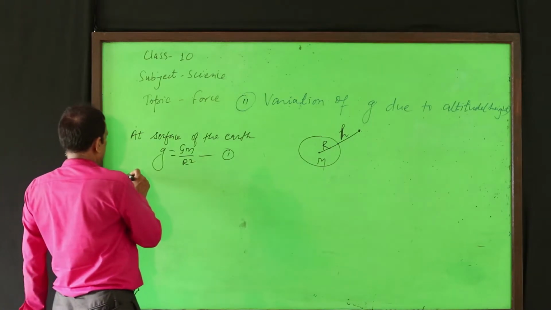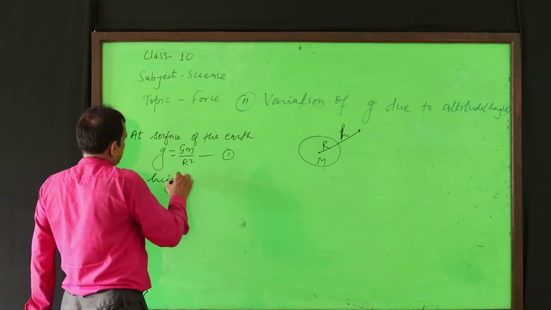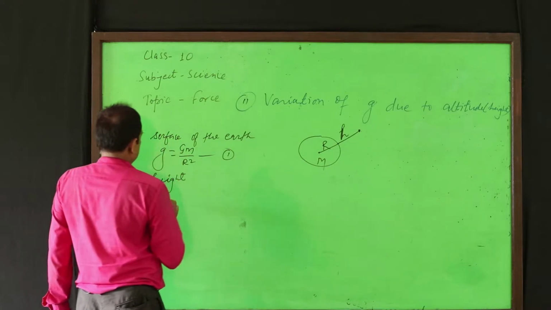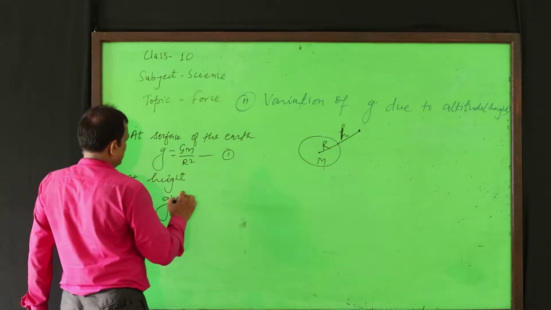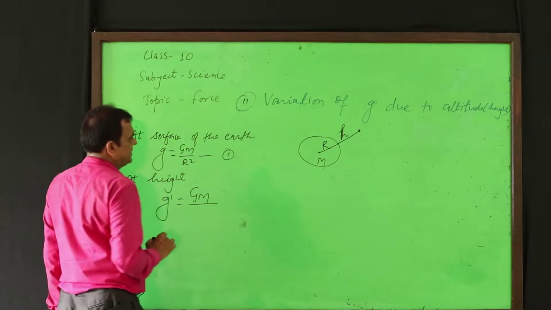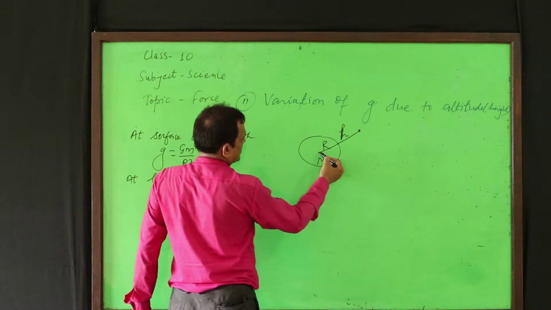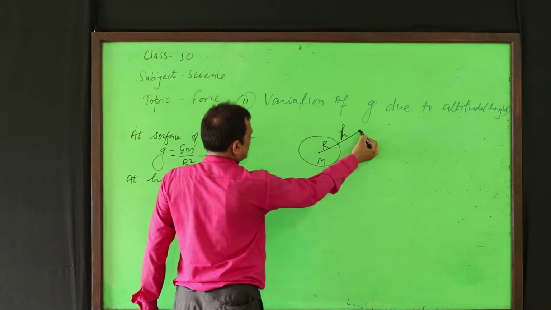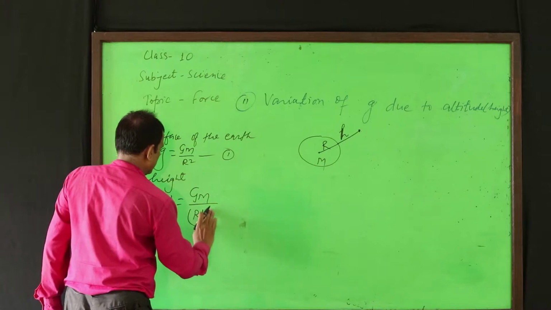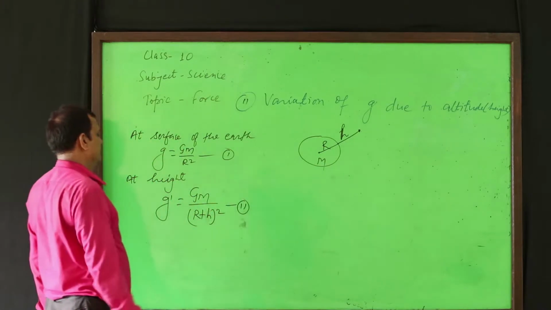Now, at height, acceleration due to gravity equal to GM by, we write here R plus H, because R from center of the earth to this place, R plus H, so we write R plus H whole square. This is the second equation.